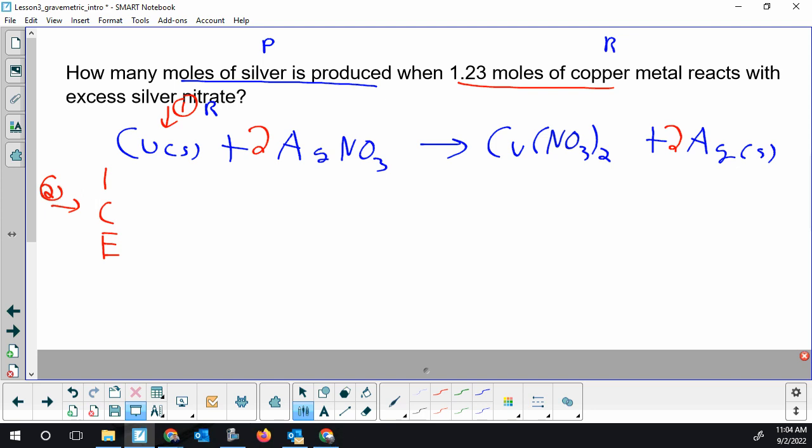Okay. Step 3 is the column that'll get you the answer. Silver is what we're asked about, so step 3 will be to fill in the silver. So it's almost like blessing yourself down and then across, and then you go down again. So I'm going to get started with step 1, the first column. 1.23 moles of copper.